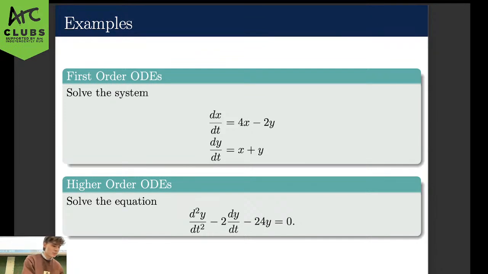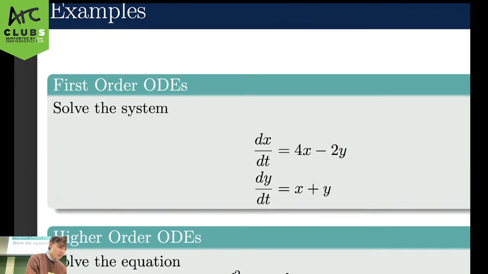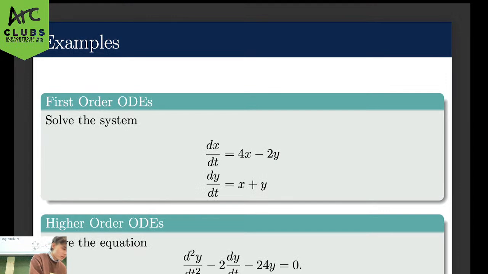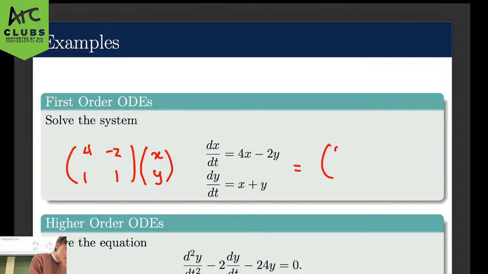So you can see here that if I had some matrix 4, negative 2, 1, 1, and I multiplied that by the vector x, y, what I would get is the new vector 4x minus 2y, x plus y.